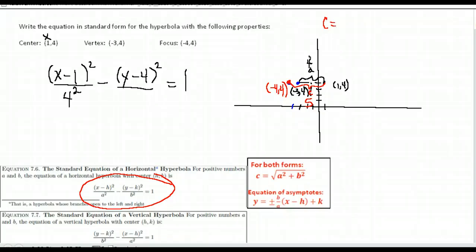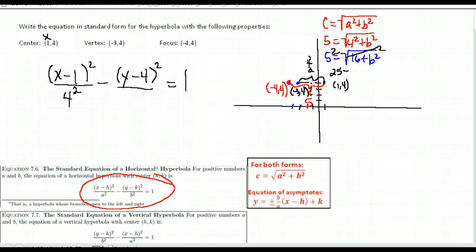So I know, again, c is equal to the square root of a squared plus b squared. I know that c is 5. I know that a is 4. And I'm going to use that to solve for b. So I get 5 equals the square root of 16 plus b squared. I would square both sides to remove the radical, and I get 25 equals 16 plus b squared.